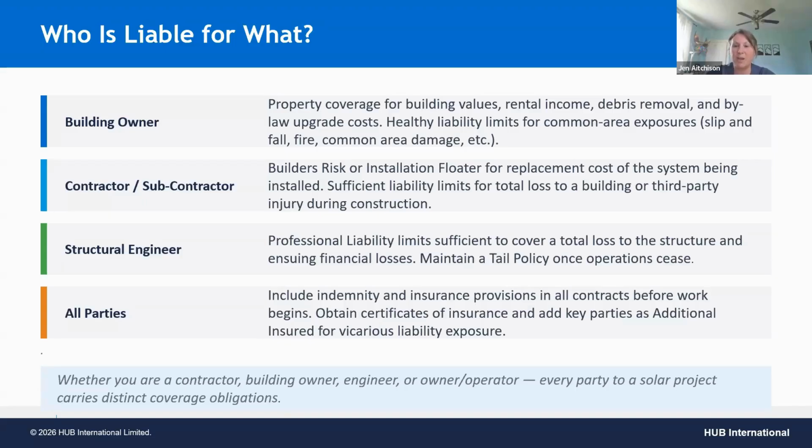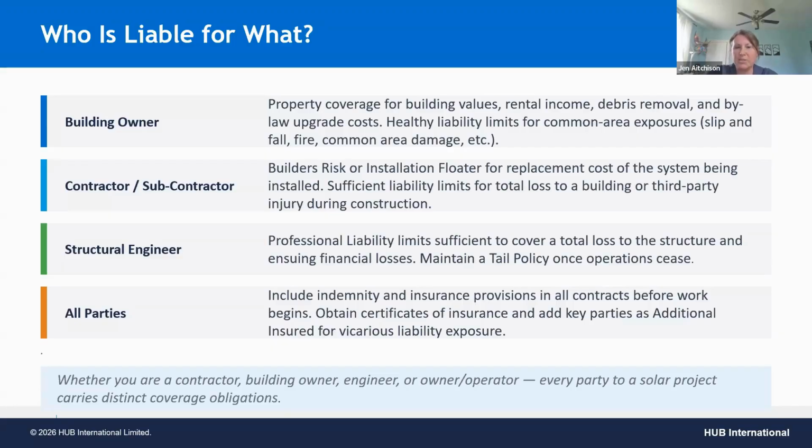Making sure that there's enough liability for the property damage to that system is really important. And making sure that if there is anything that happens in the course of construction, if an HVAC contractor needs to get on the roof while you're installing something, ensuring that HVAC contractor has insurance, even if it's a contractual requirement with the building owner, that means the building owner is liable for making sure that they have it. So that contractual relationship is clean.